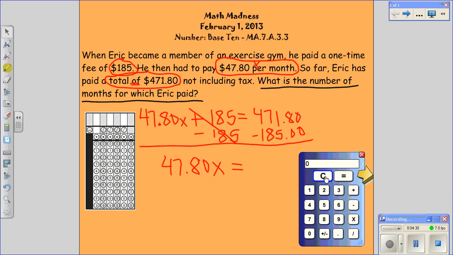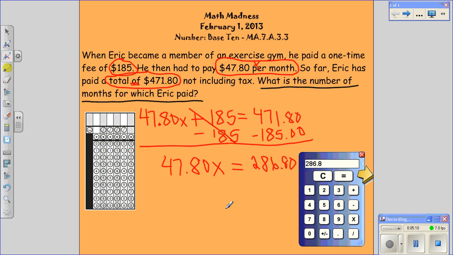So this is what you would do if you were taking the test. 471.80 minus 185 equals. So that's a total of $286.80.